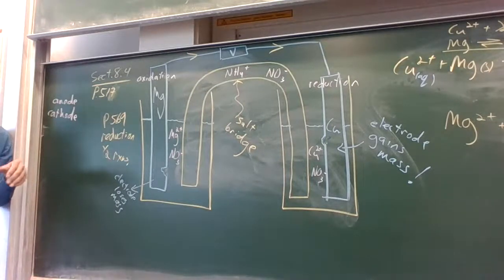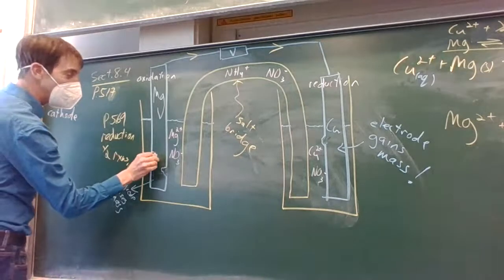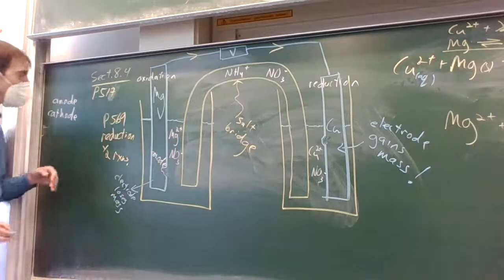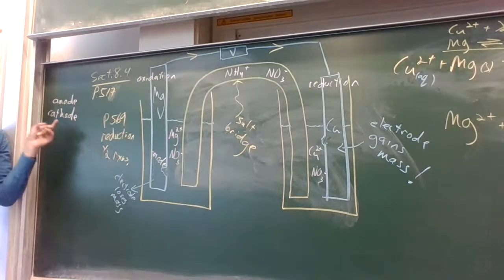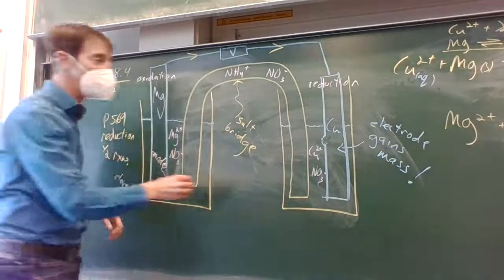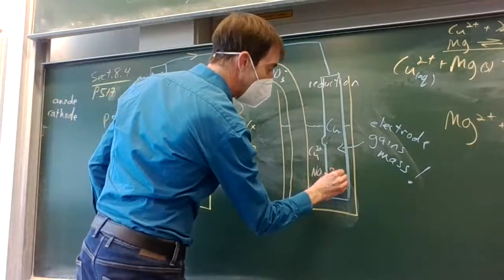That's the anode. So oxidation always happens at an anode. Cathode and reduction both start with a consonant. So this is the cathode over here.